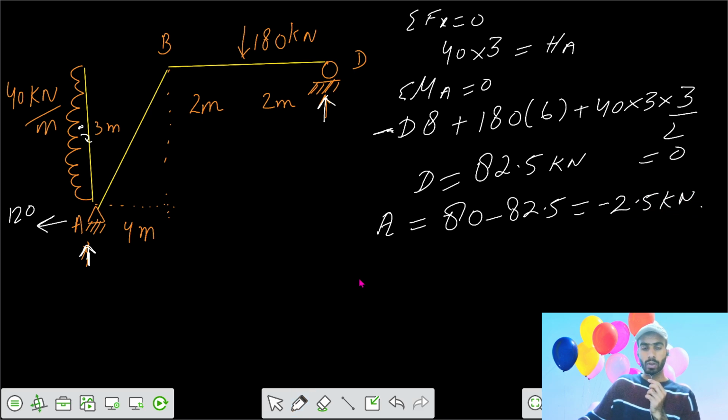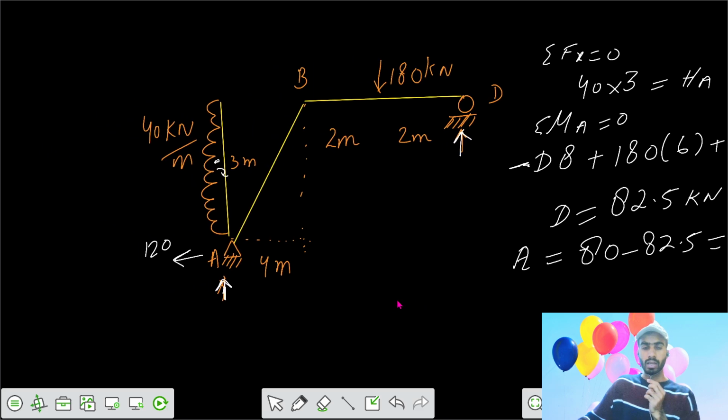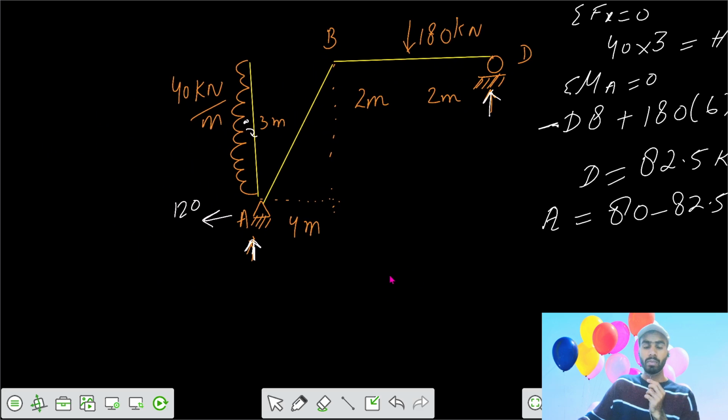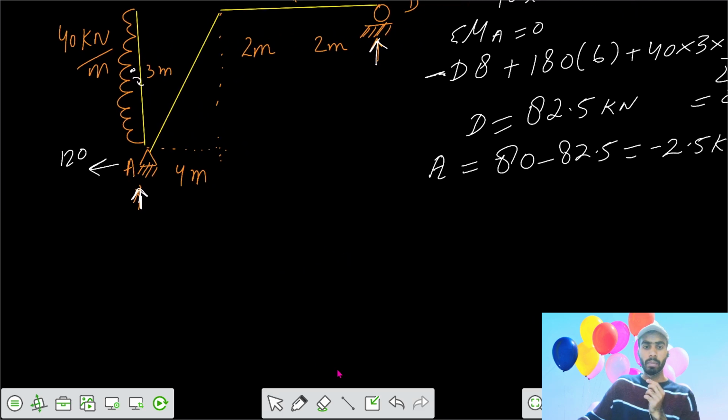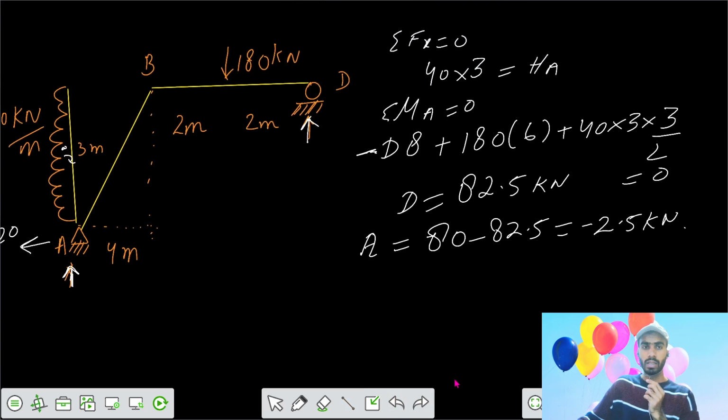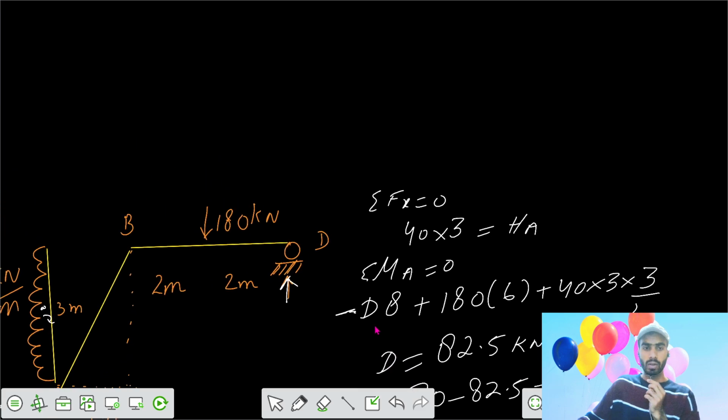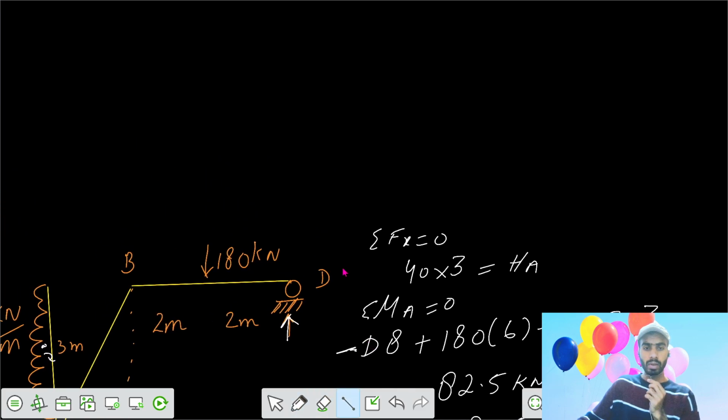So if we want to make the free body diagram, for the member AB, we can start with the easier one, your beam. So this is your beam.